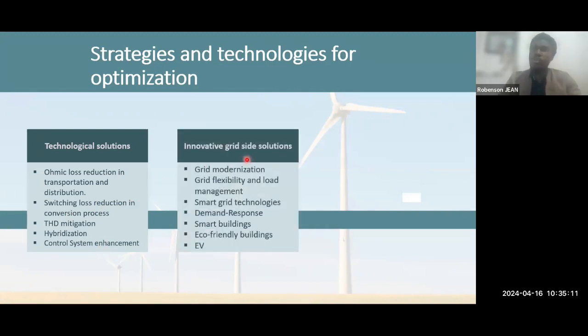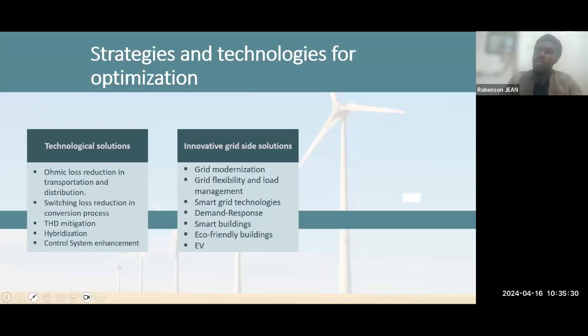Also, we can consider some grid side solutions. In the grid side solutions, it is important to address the problems that are related to the grid.